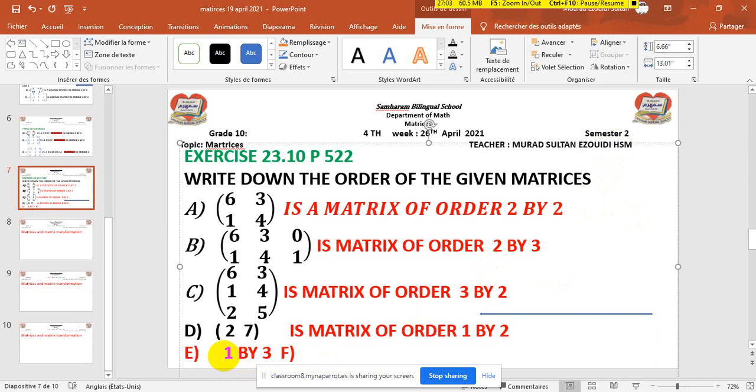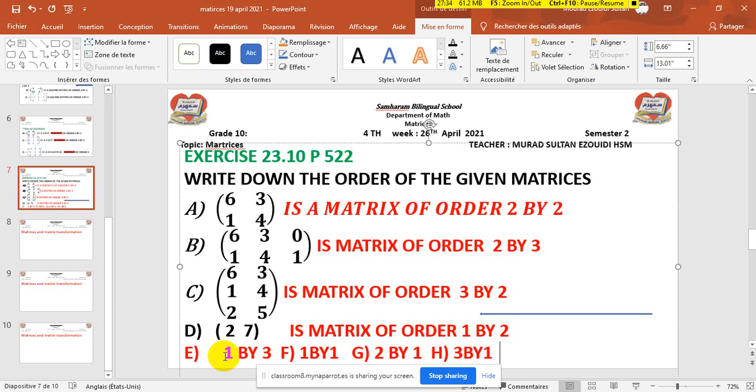F is a matrix of order 1 by 1. Then we have G, yes, is a matrix of order 2 by 1. And H is a matrix of order 3 by 1. 3 rows and 1 column.